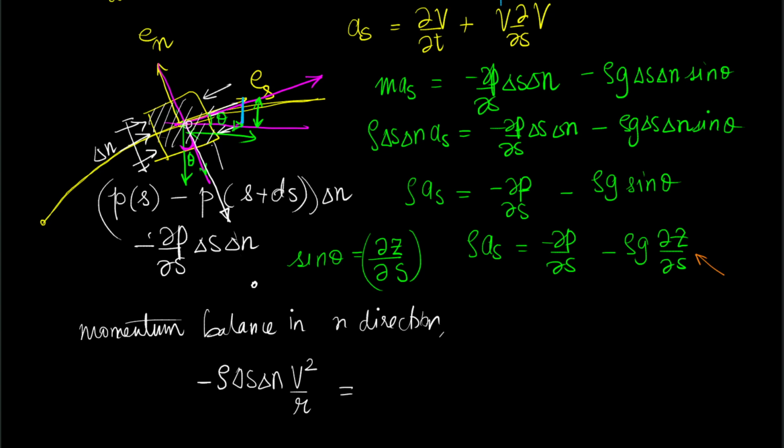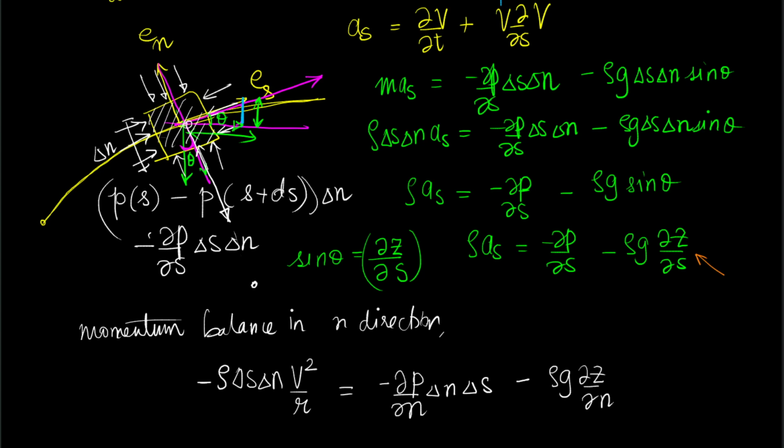So the force at this point will be P at n, the force at this point will be P at n plus delta n. So it will be minus del P del n delta n delta s minus rho g. So now the other direction will be del z del n.